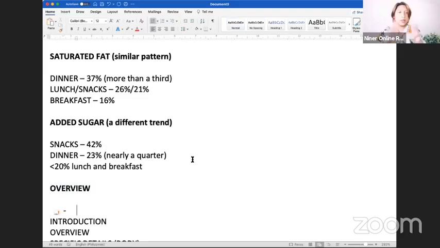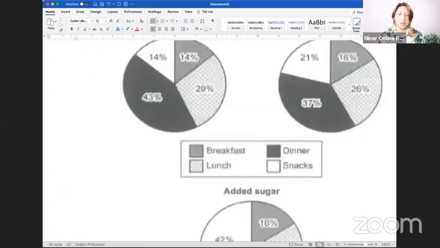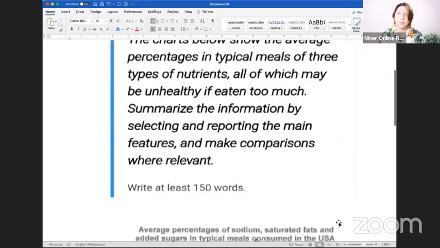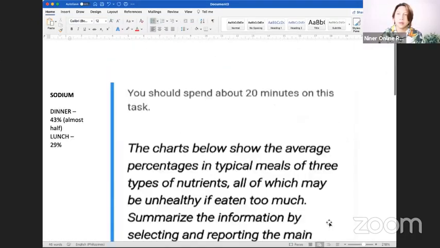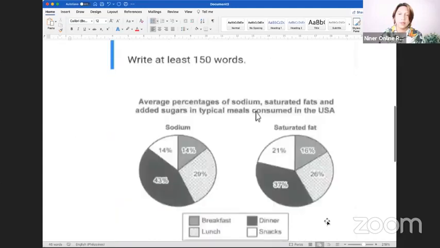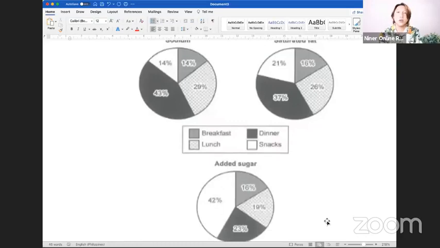So what do we write in our overview? What do you think is most striking here? When you look at the 3 charts right here, let me just make this a little smaller so you can see. What is the most striking feature of the charts here? What can you notice about the consumption of unhealthy nutrients?